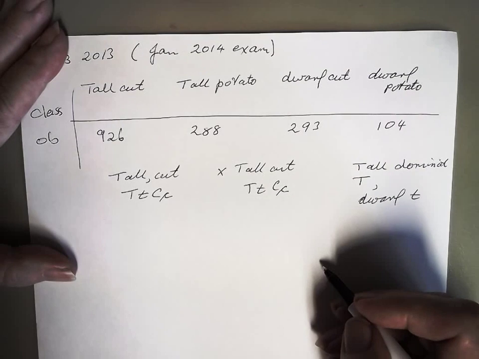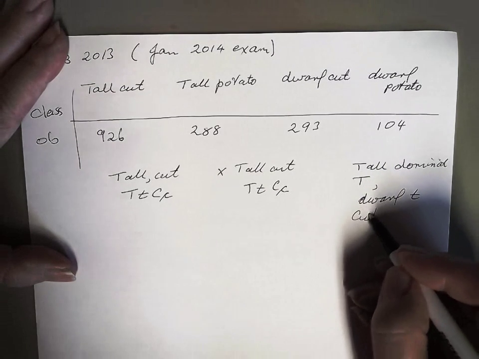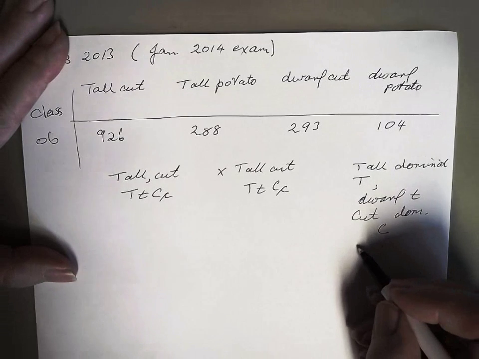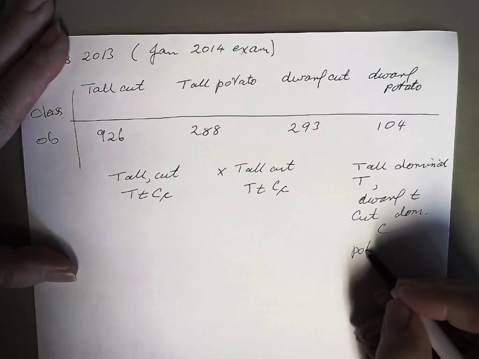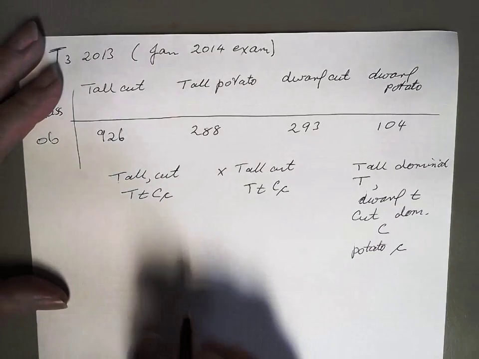It's recessive and we're going to give it a simple little t. Cut is also dominant, and we're going to give that a big C, and potato leaf, we're going to give that a little c.